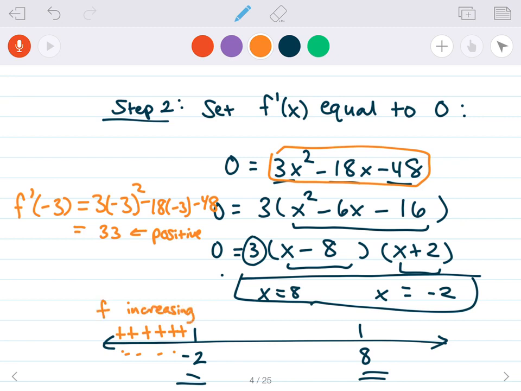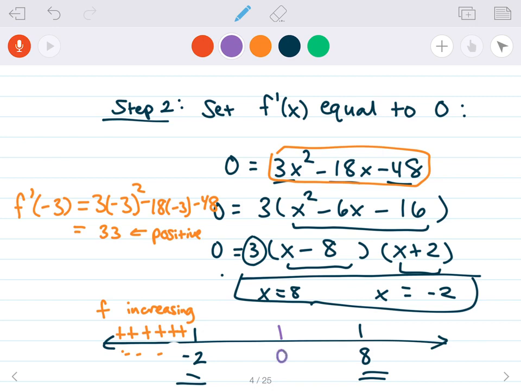Okay. Now let's see what happens between x is negative 2 and x is 8 in this interval right here. So what's happening there? Well, again, we're just going to do a little test point to see if the derivative is positive or negative. I'm just going to pick a number in between these things. I'm going to pick 0.